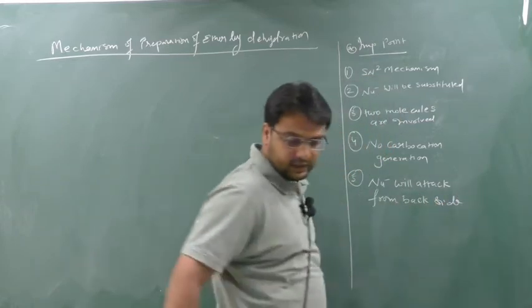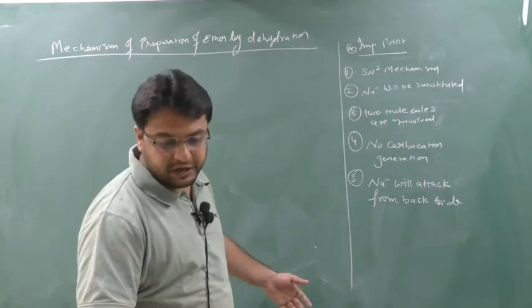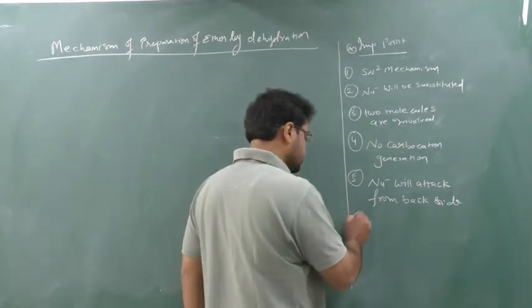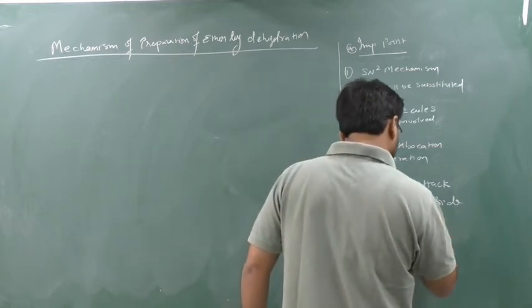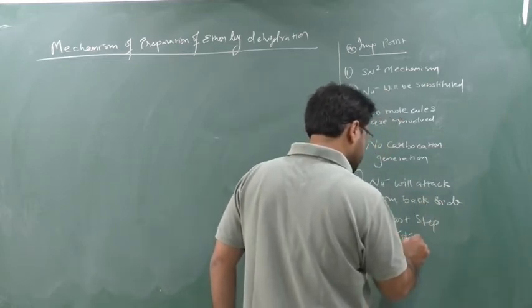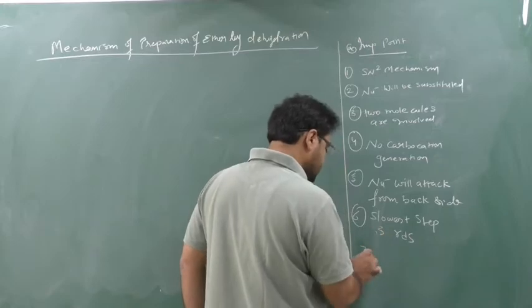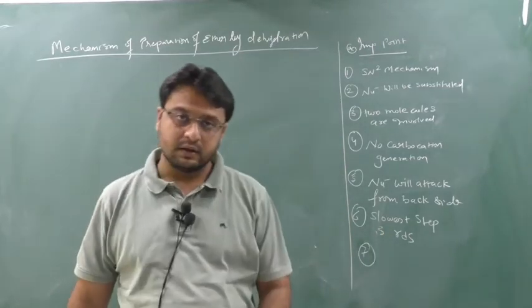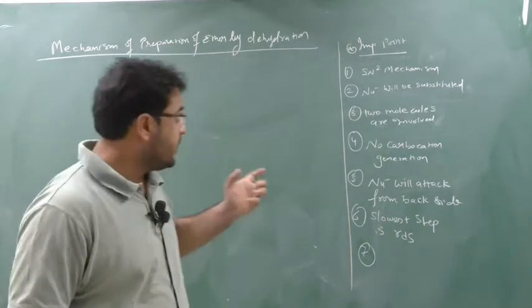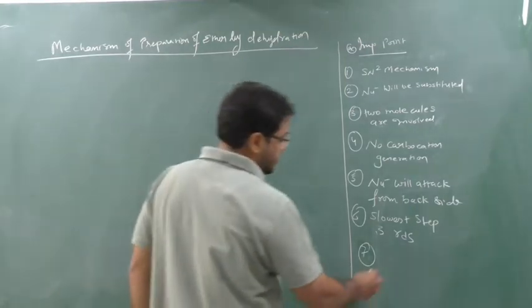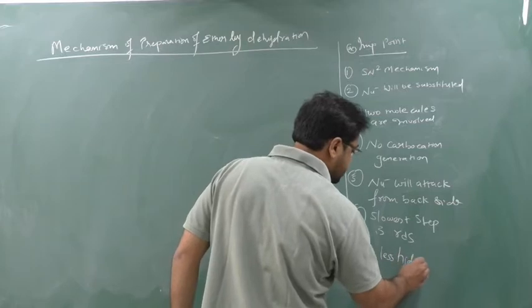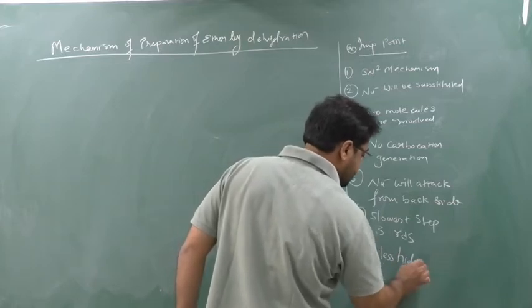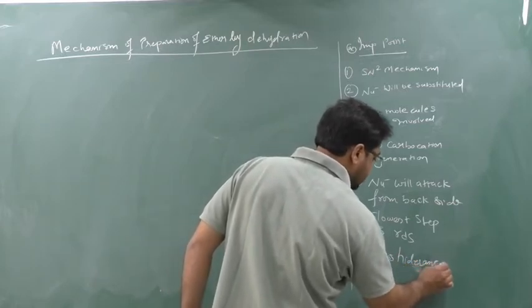Next, what can you say? The slowest step is the rate determining step. Yes or no? Slowest step is RDS. Seventh, another thing we can tell, very important, is that it should be less hindered. Less hindrance should be there.